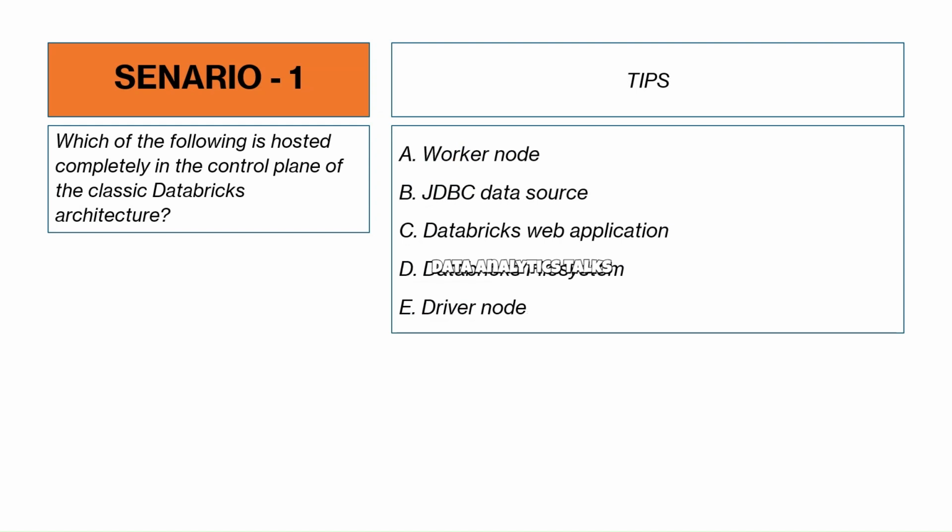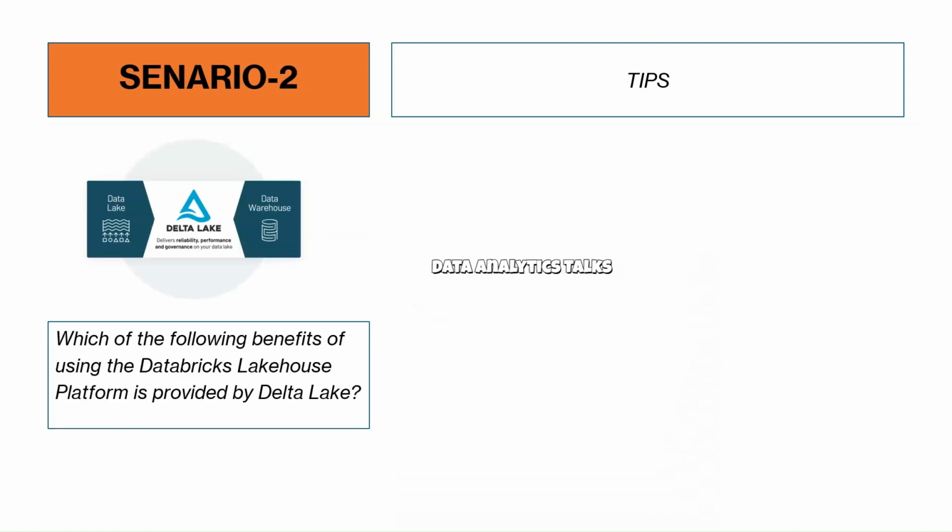It is very clear that the answer is the Databricks web application, because none of the others are a manager console. They are mostly other utilities. They don't belong to the control plane of Databricks. So the answer is the Databricks web application.